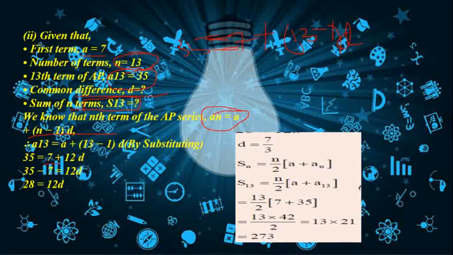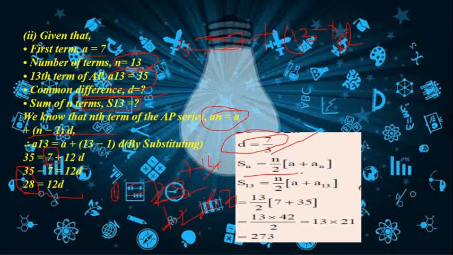By transposing 7, we get 35 minus 7, that is equal to 28, which is equal to 12d. So d will be equal to 28 by 12, that is 2 6s are 12, 2 7s are 14, so we know that the value of d is 7 by 3.